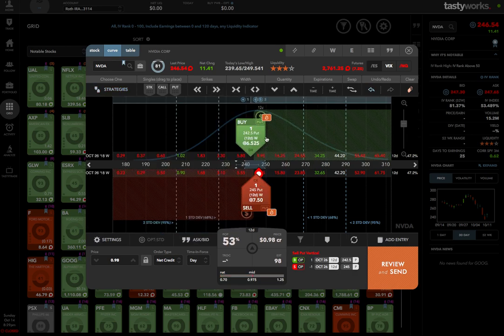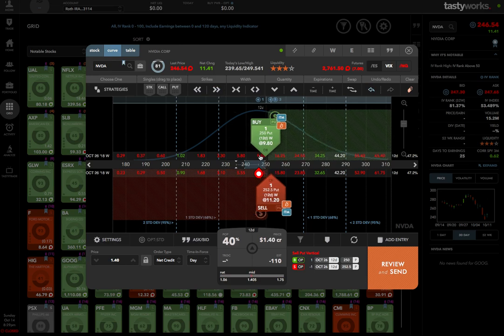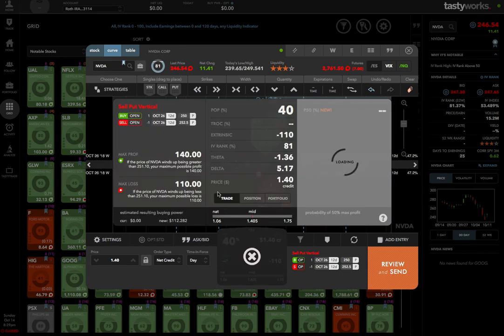You go here, and the video is 246, so you would want to sell an option two out and three out. This is a tighter spread, 250 and 247.50. So that is only a $2.50 spread between these two. Your profit's going to be a lot smaller, but your risk is going to be a lot smaller as well. You're only going to be risking $110 to make $140.